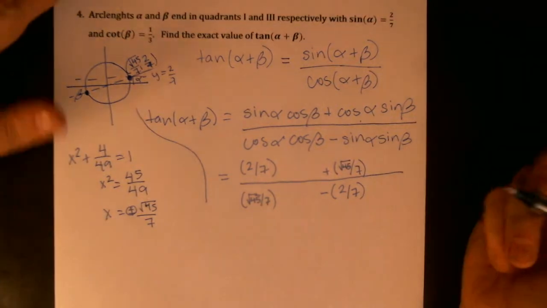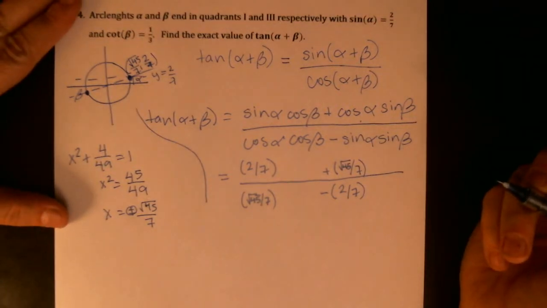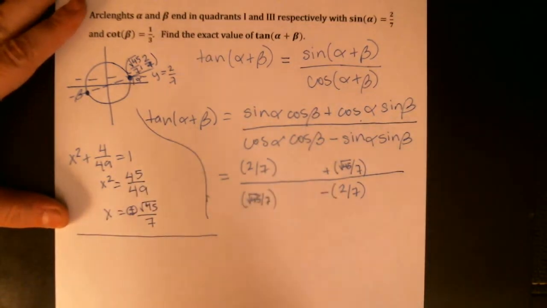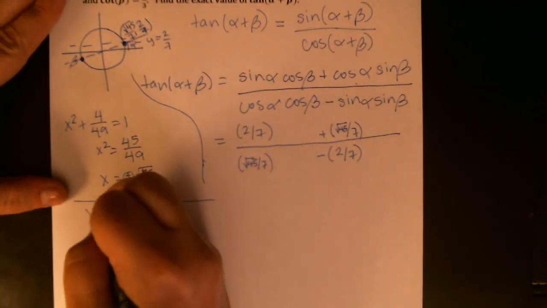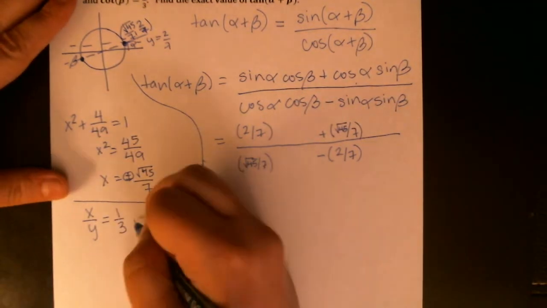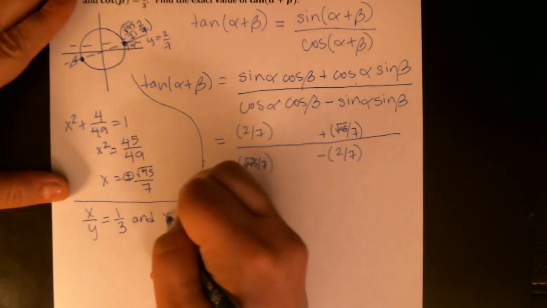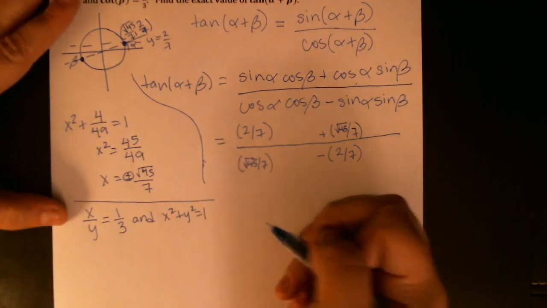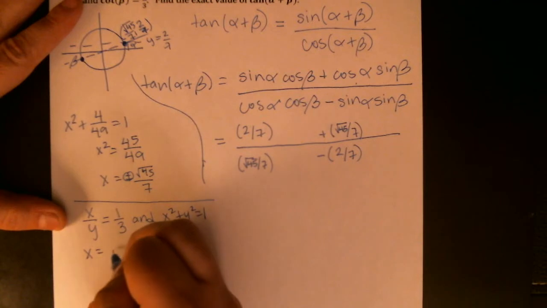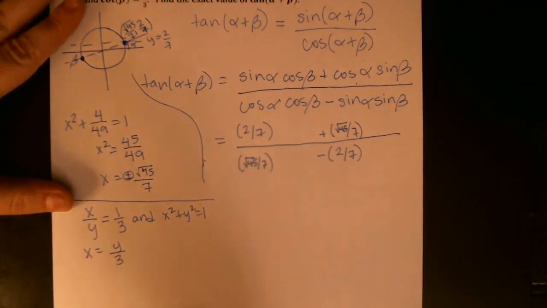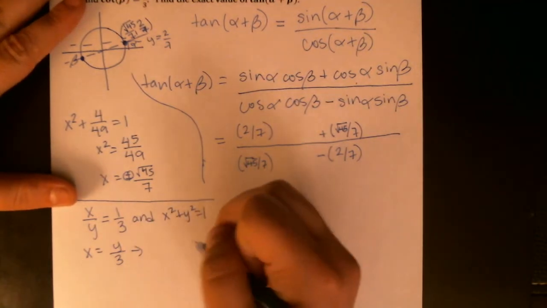Okay. So now we need to work on beta a little bit. And beta, we were just given cotangent. So all we can say for beta is that x over y is equal to 1/3, and also that x squared plus y squared equals 1. So I would say solve this. That means that x is equal to 1/3 y, or y/3, and then substitute.